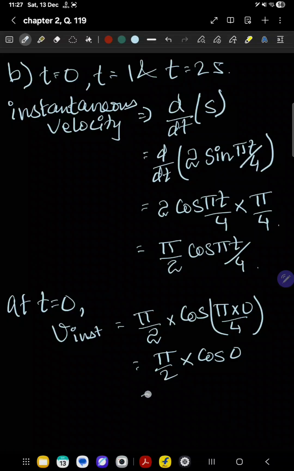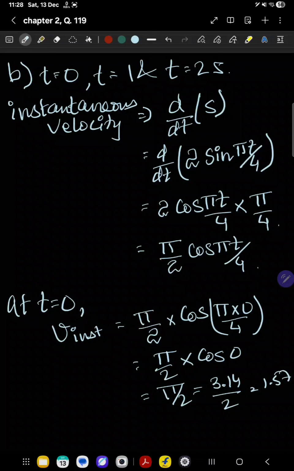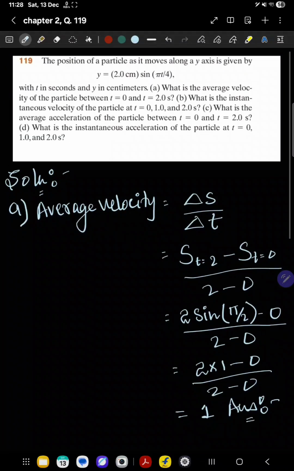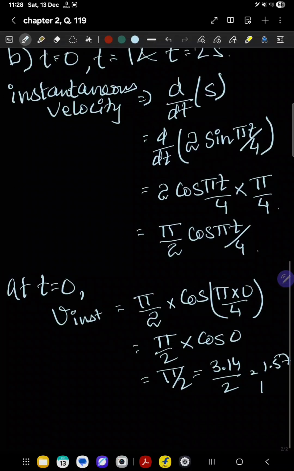We know cos 0 is 1, so this is pi by 2 or 3.14 by 2, or we can write it as 1.57. The unit is centimeter, so this will come as centimeter per second.